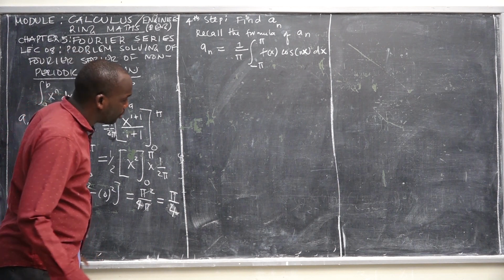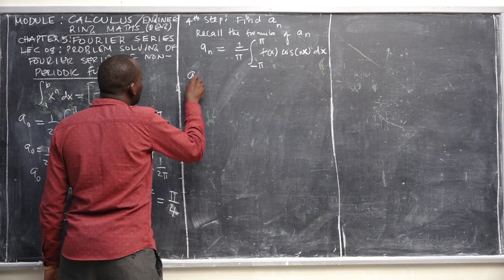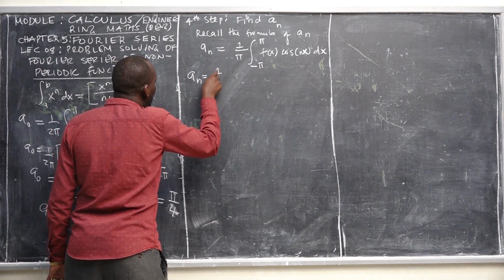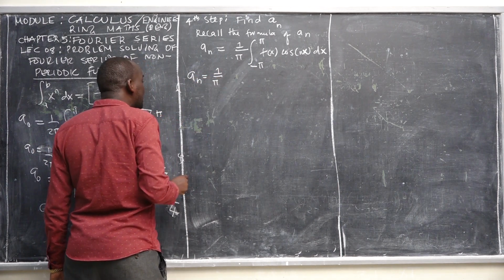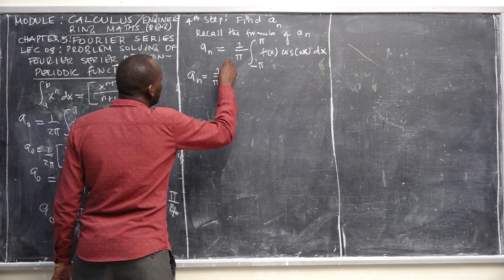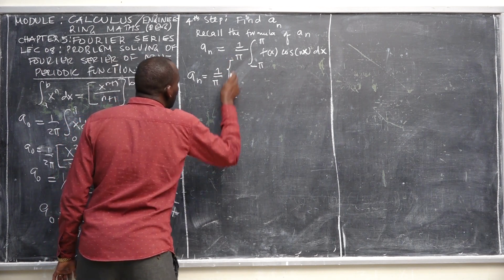So if that's the case, we have to remember the function which has been given. So an is equal to 1 over pi. Okay? Then we open the curly bracket.